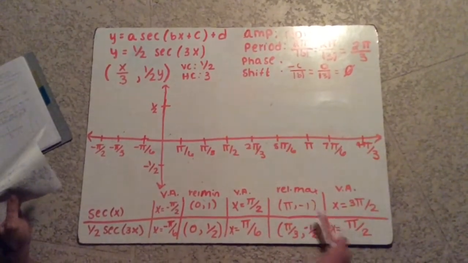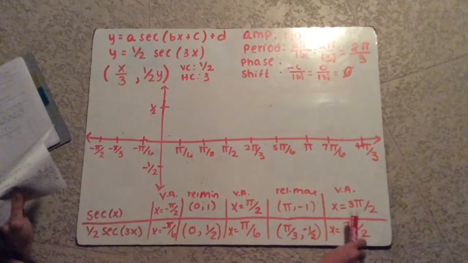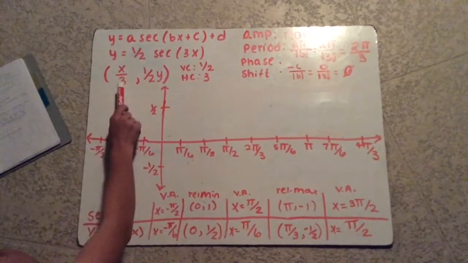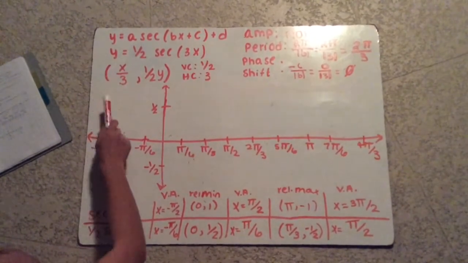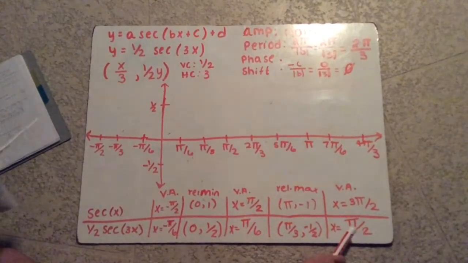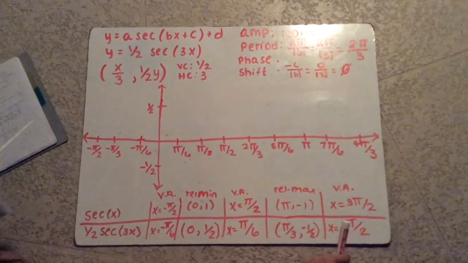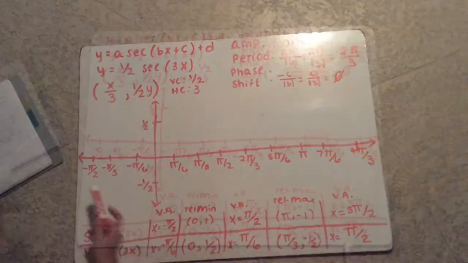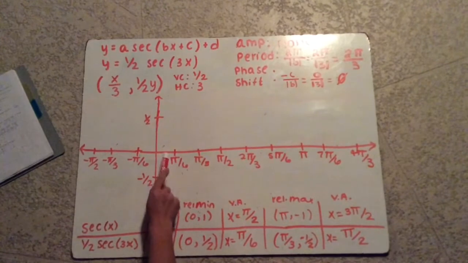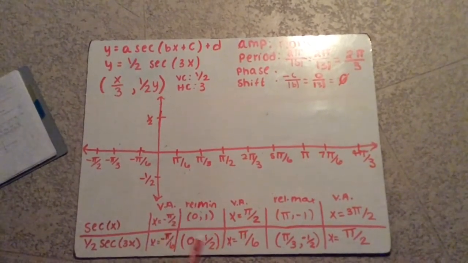Lastly, our third vertical asymptote, we take 3 pi over 2 and plug it in for x and divide it by 3. So it's 3 pi over 2 times 1 over 3 equals 3 pi over 6, which reduces to pi over 2.